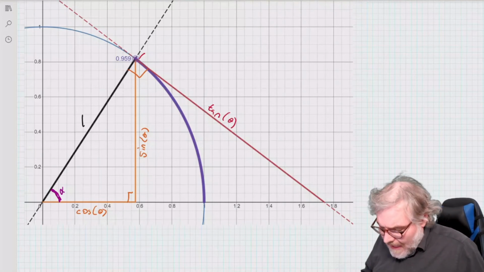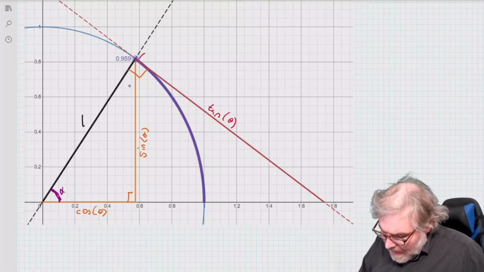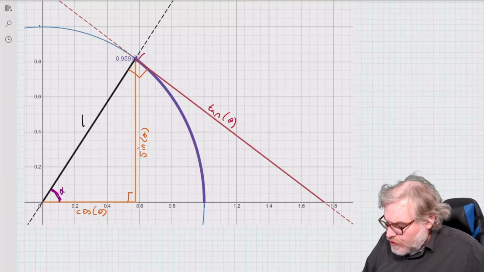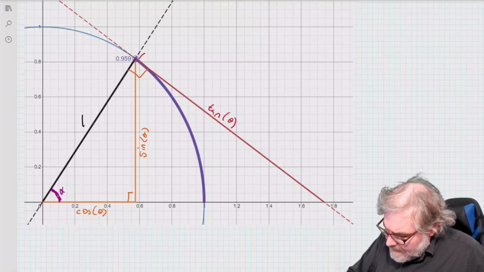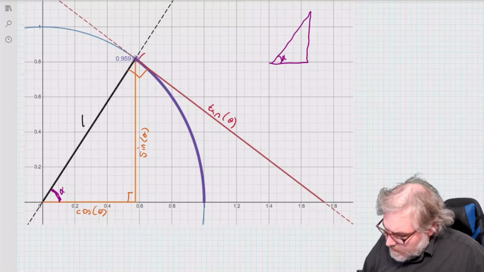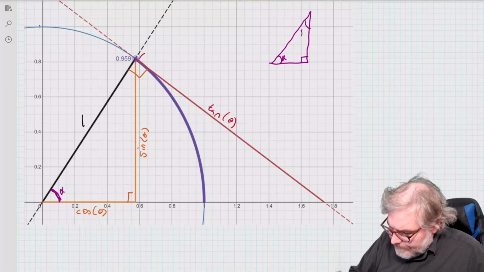What I care about is that this is a right triangle. And I know one of the angles is shared between both triangles. So what I care about is this. I'm going to call this one beta.